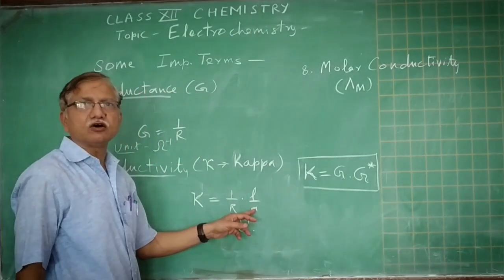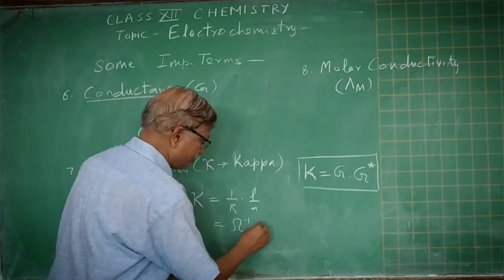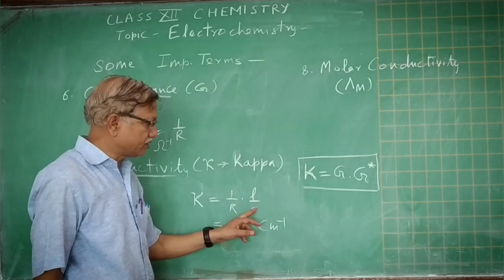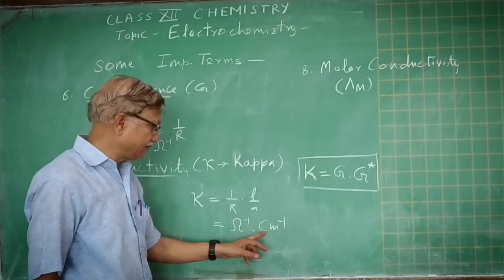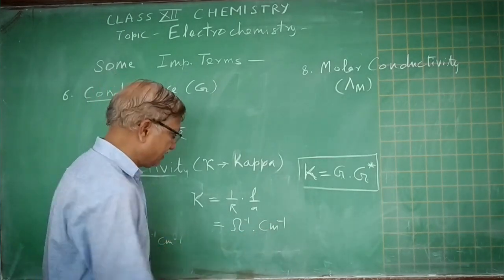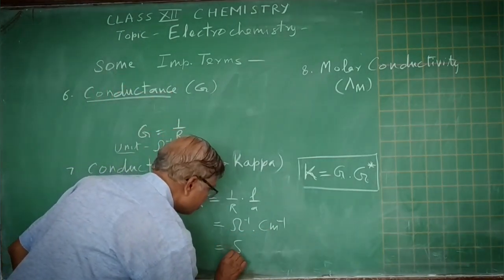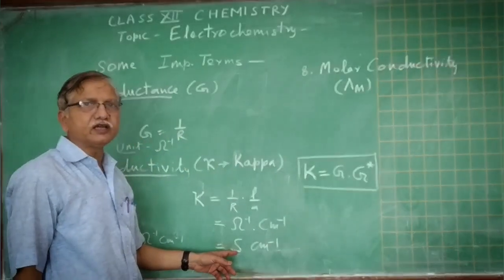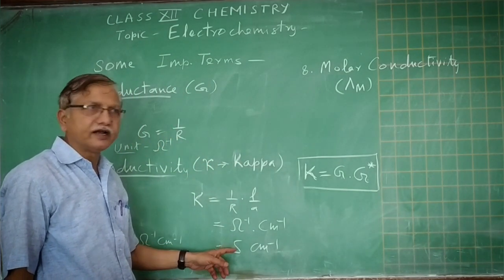L upon A is cell constant, that is denoted by per centimeter, because centimeter upon centimeter squared is equal to per centimeter. So kappa equal to per ohm into per centimeter. It is equal to Siemens per centimeter. So this is the unit of kappa, conductivity.